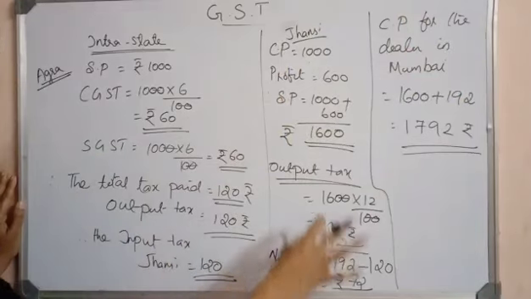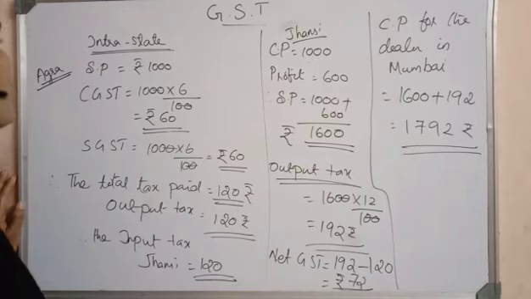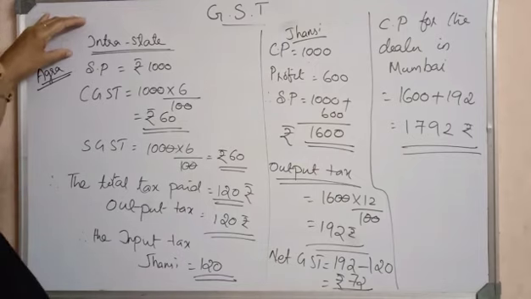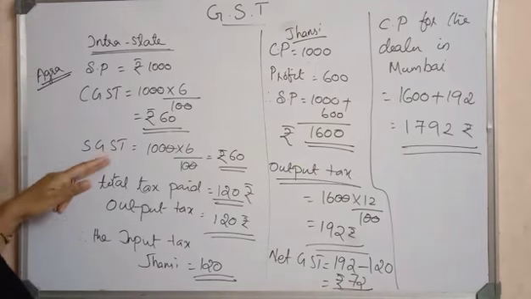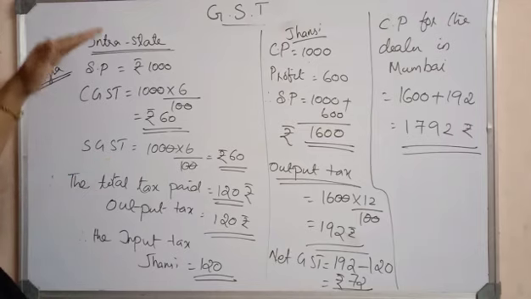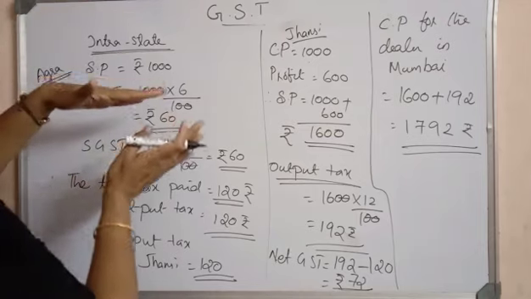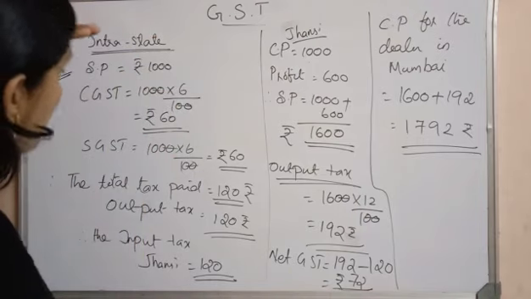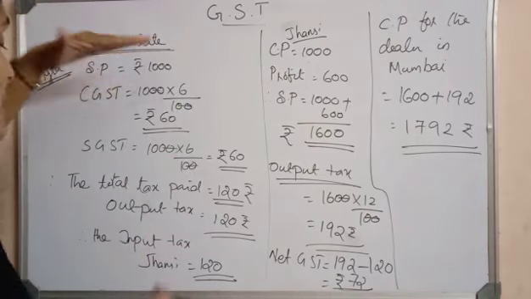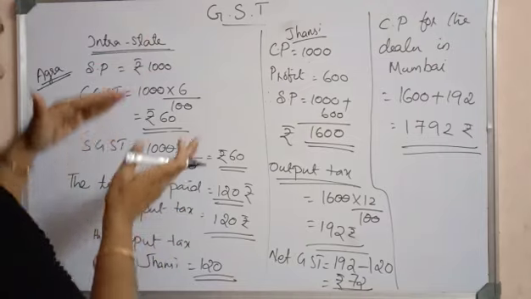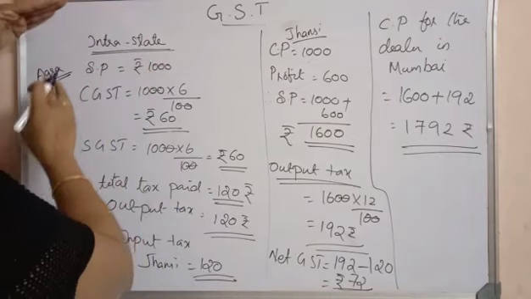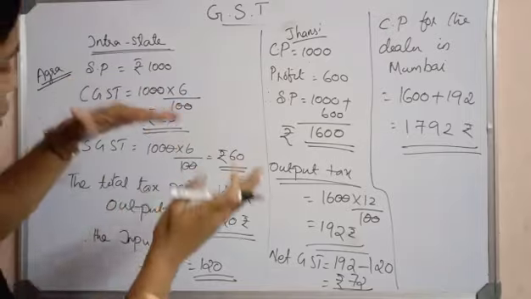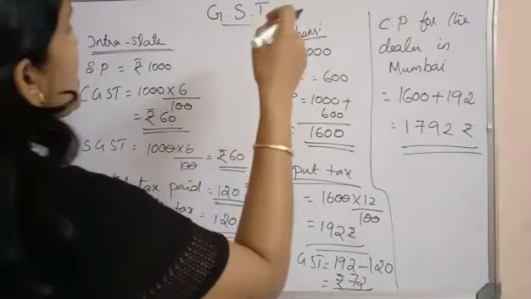So these are the different parts of the question. The first one, since the intra-state transaction was happening, we were finding the CGST as well as the SGST. And then always remember, when the sale is happening, that is the selling price, and the tax calculated on the selling price is the output tax, and the selling price for the dealer in Agra is same as the cost price for the dealer in Jhansi.